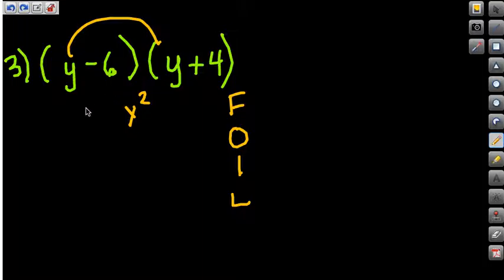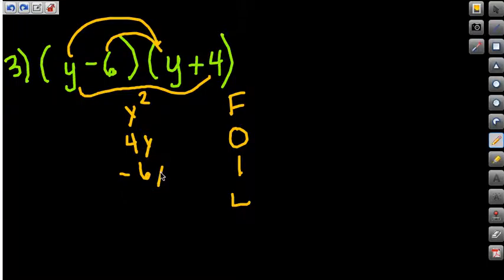Our outer terms, we have y times 4, so that's 4y. Our inner is negative 6 times y, so that's negative 6y. And then our last terms are negative 6 times 4, so that's negative 24.